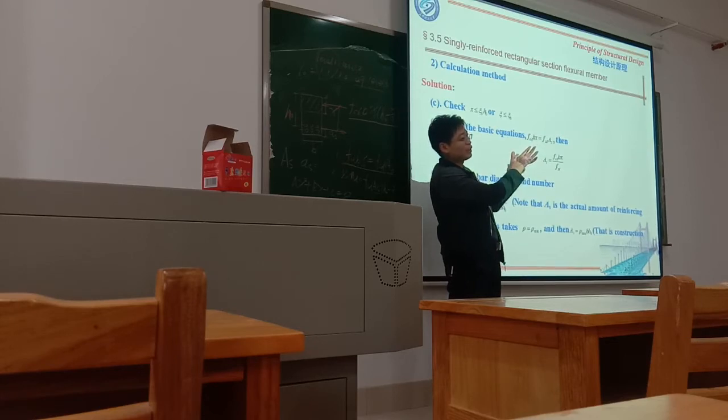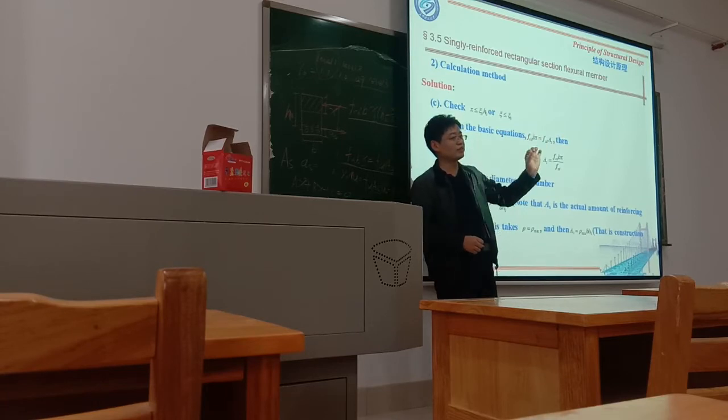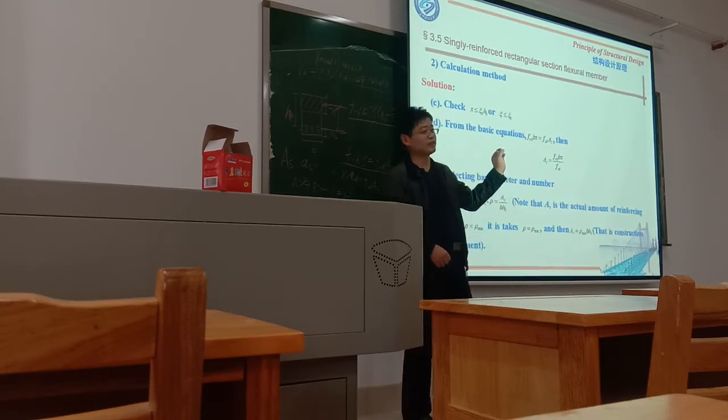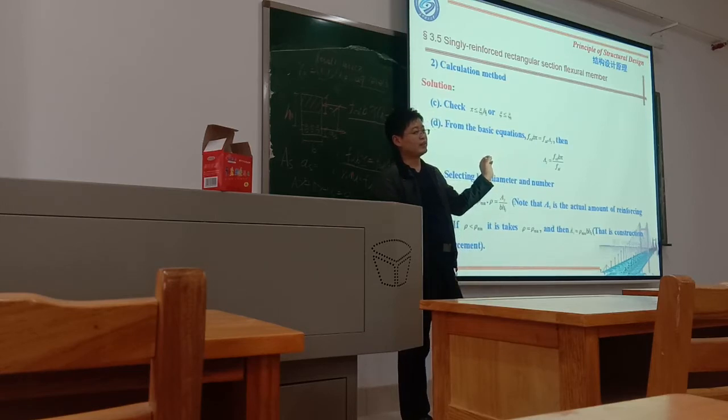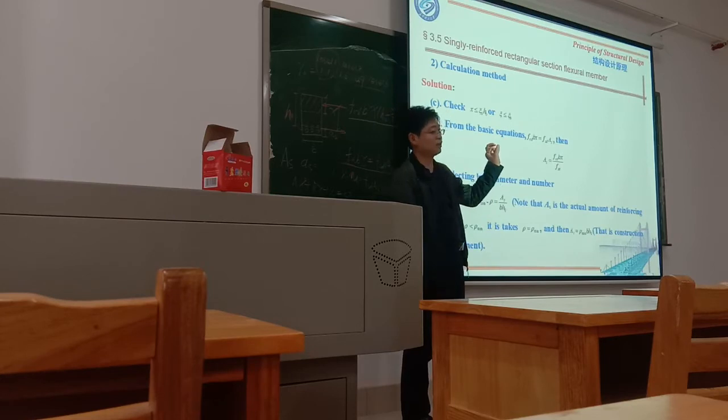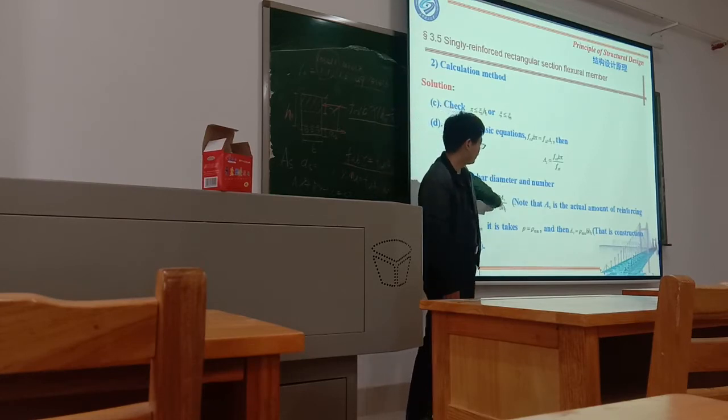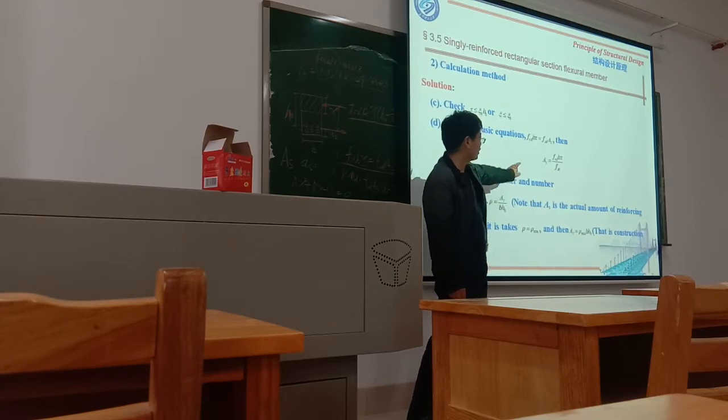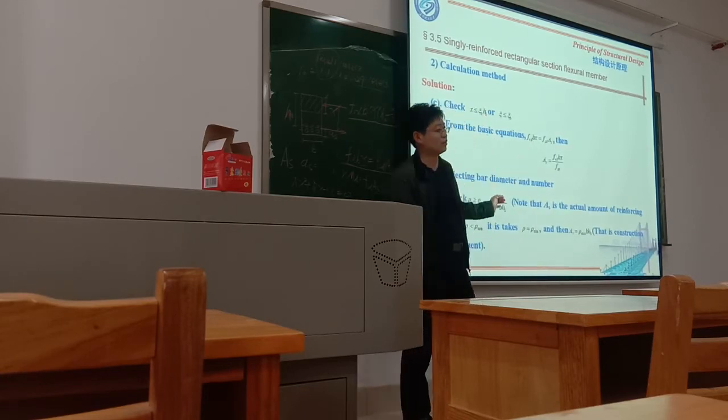It's 20, 22, 24 something, because the diameter of the different types is fixed. So the area actually is fixed. Different types have different diameters and different areas. So it's not easy to get this to just equal.